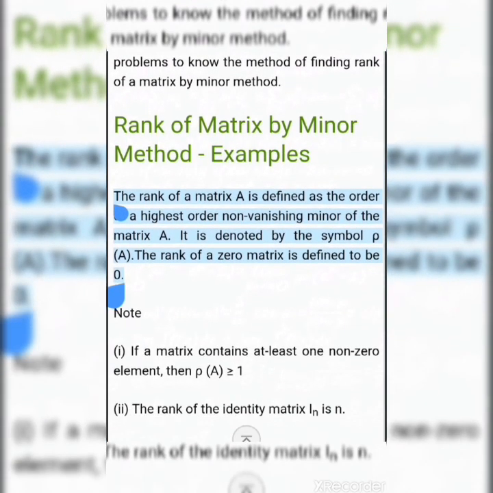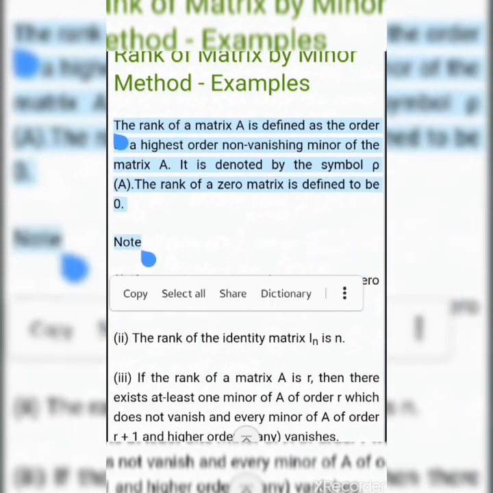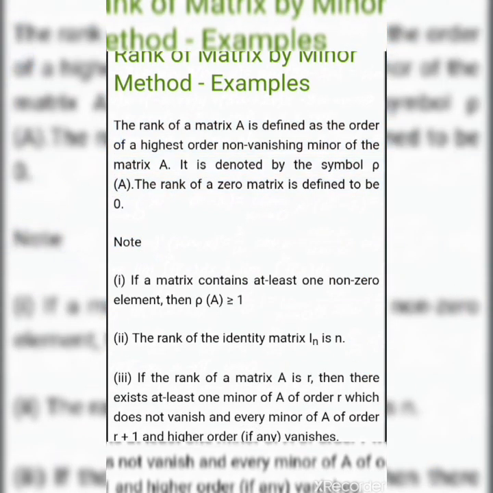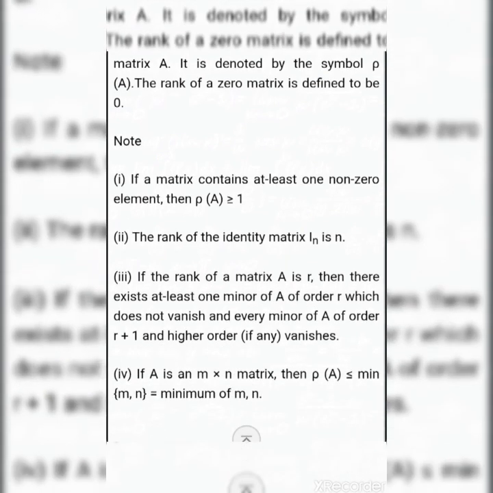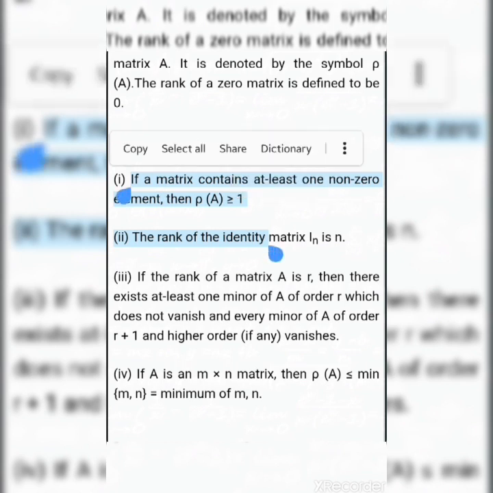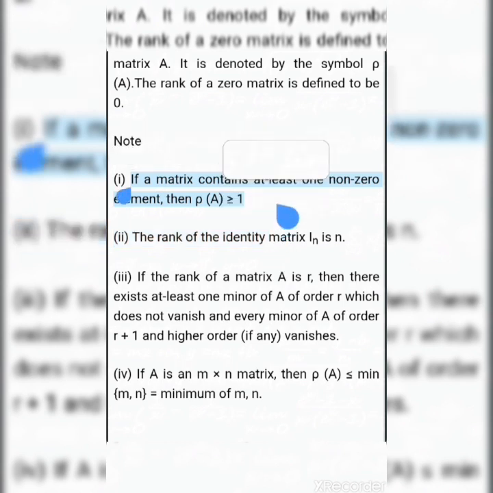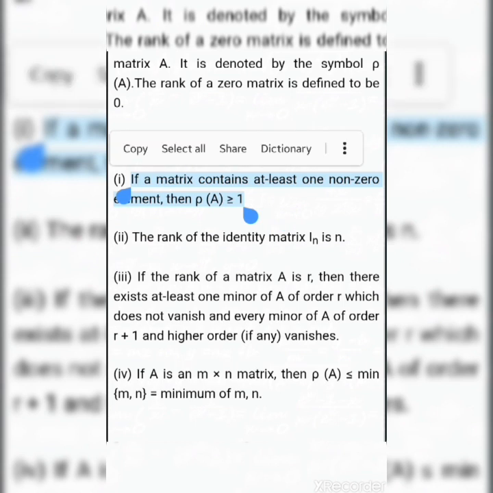Rank of the zero matrix to be 0. Next some notes இப்போ வந்து பார்க்கலாம். அதில் ஃபஸ்ட் நோட்டு என்னது அப்படின்னு பார்த்தோம் அப்படின்னாக்க, if a matrix contains at least one non-zero element, then rank of A is greater than or equal to 1.